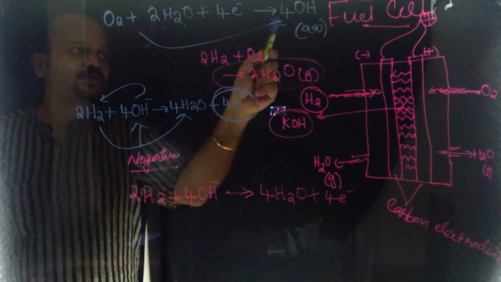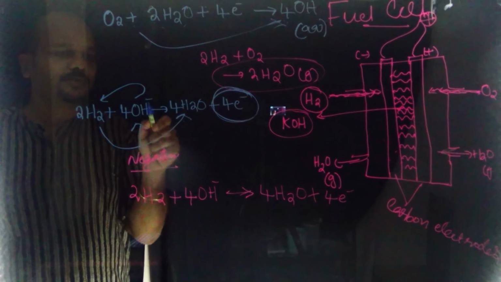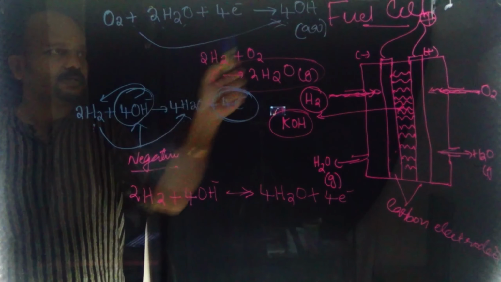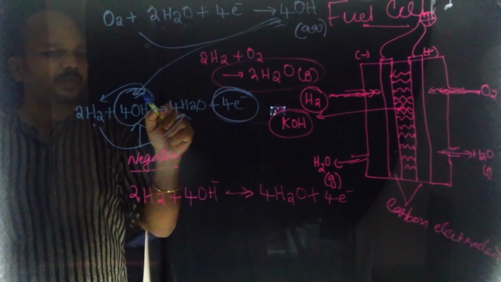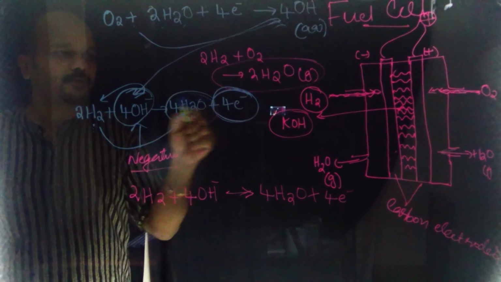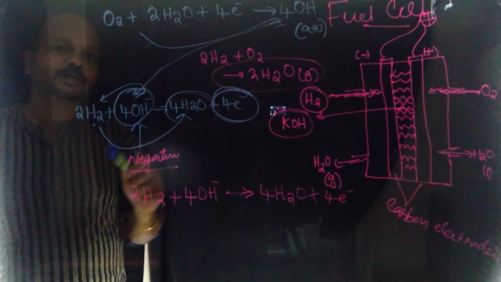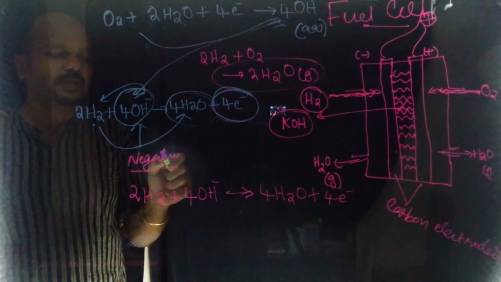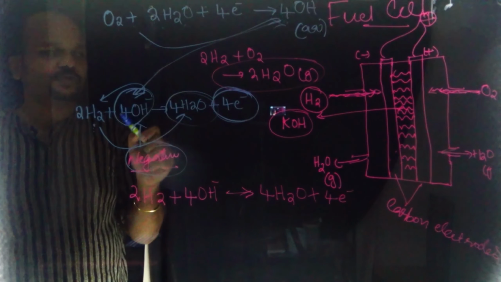In fact, these OH minus ions are consumed in the anode reaction. Actually, these OH minus ions can be consumed in the anode, and it forms water. So this is the reaction happening in the anode as well as in the cathode, in the negative electrode and in the positive electrode.